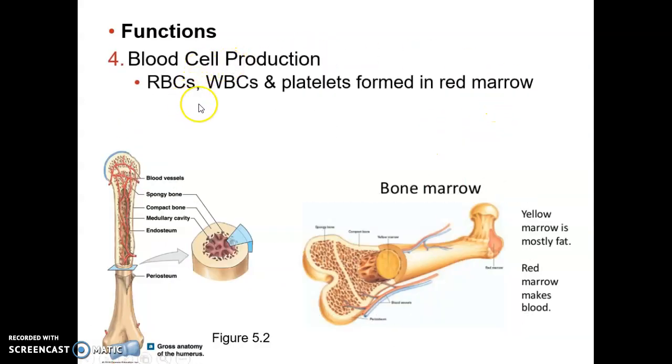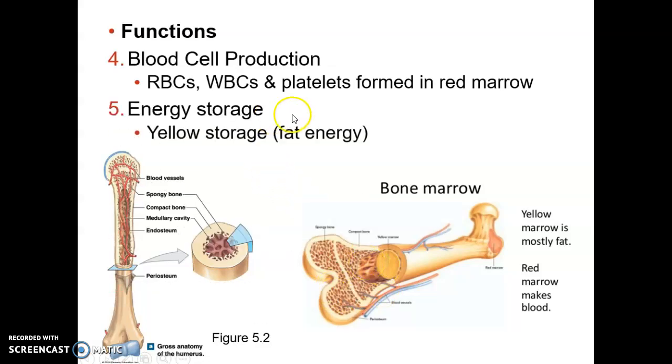More functions: actually all blood cell production. So red blood cells, RBCs, and white blood cells and platelets are formed in red bone marrow. And we have red bone marrow in the enlarged portions of many of our long bones, as we'll see, in the region of the bone that's referred to as spongy bone. Energy storage.